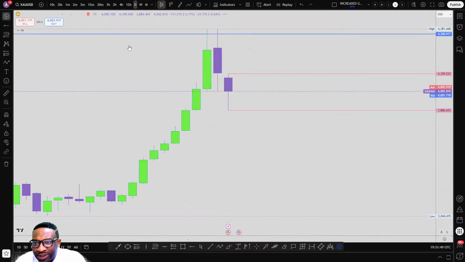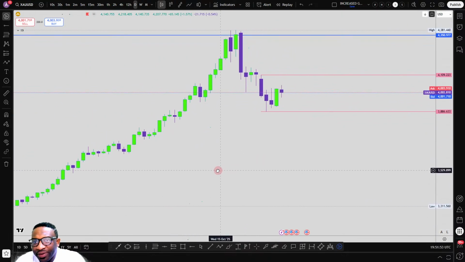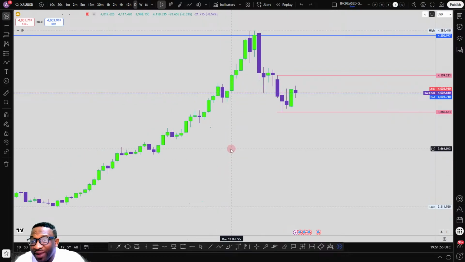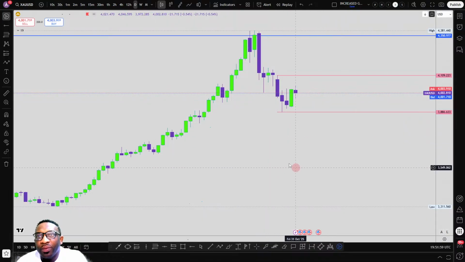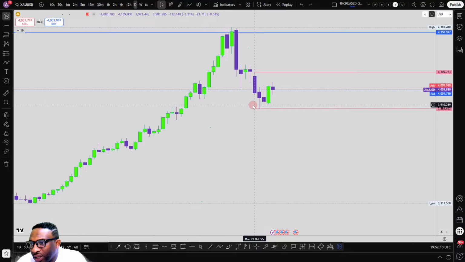Okay, so we go to the daily time frame. On the daily time frame, we can see something beautiful happening right here. Price had just put in a bullish engulfing after we touched on this key level.